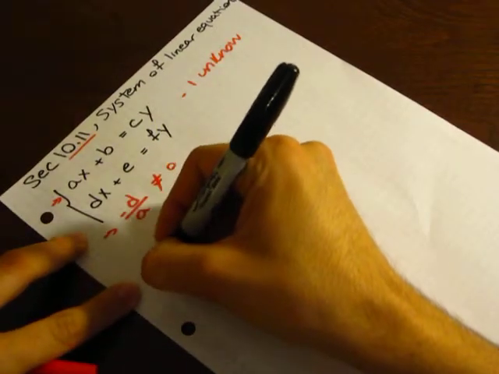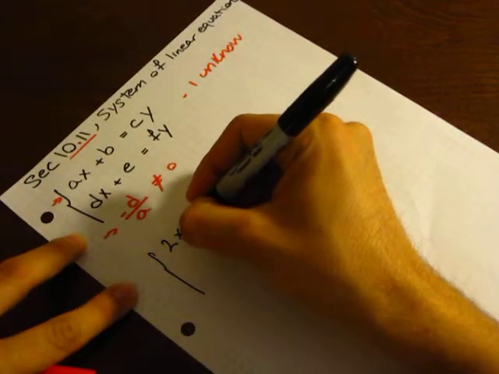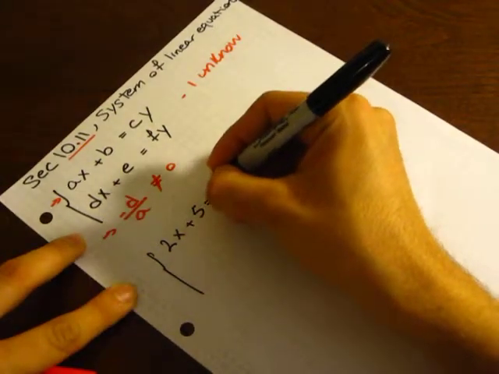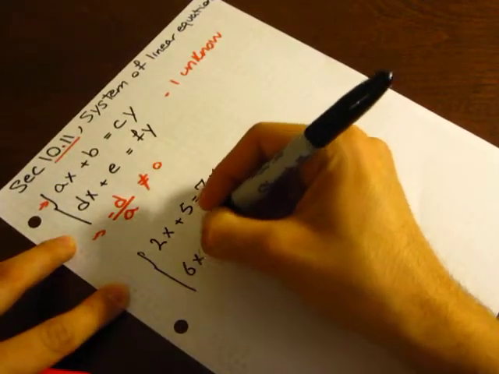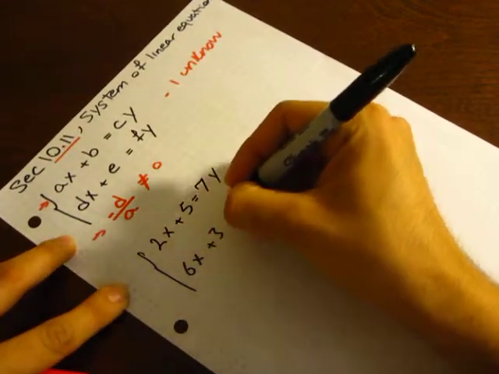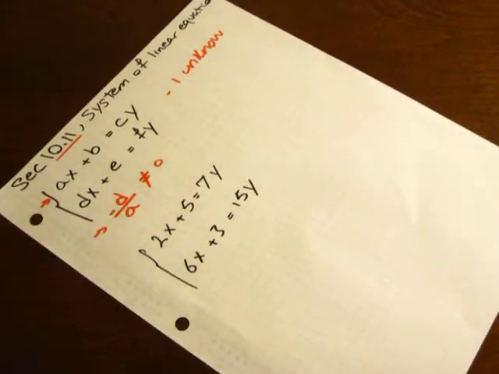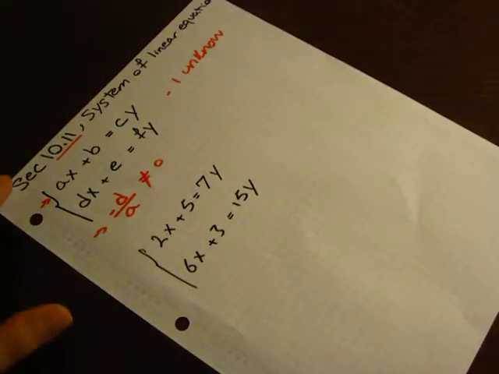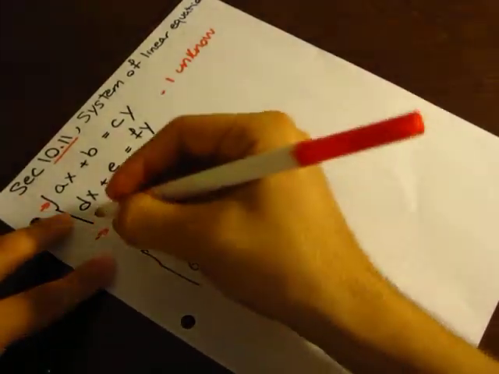Our example is 2x plus 5 equals 7y, and the other one is 6x plus 3 equals 15y. As you see, I can get rid of x easily by multiplying the upper equation by negative 3.